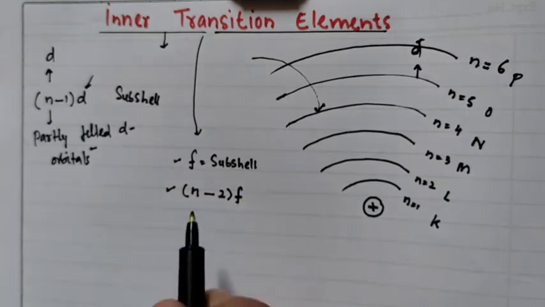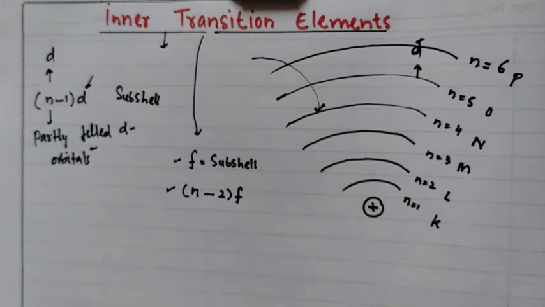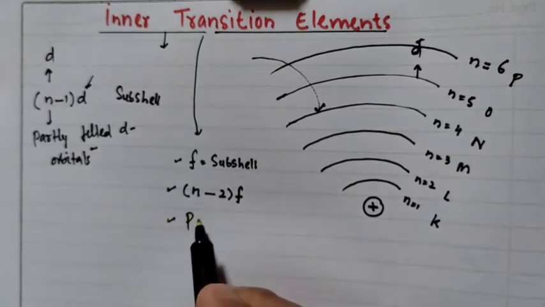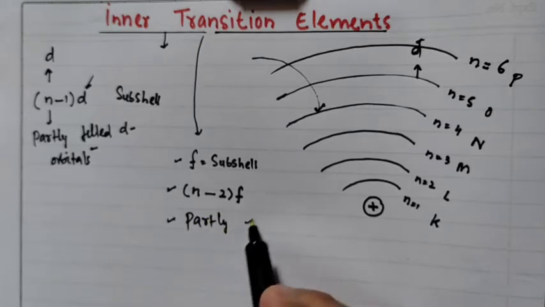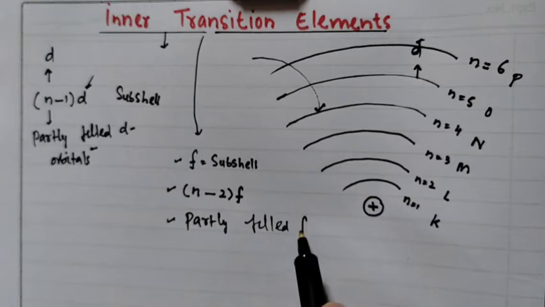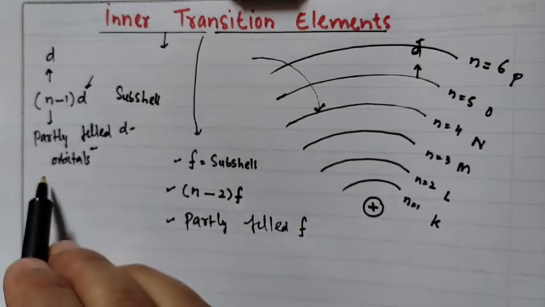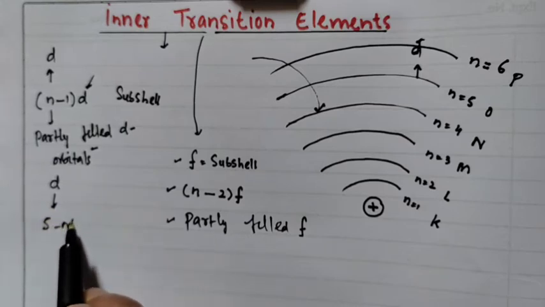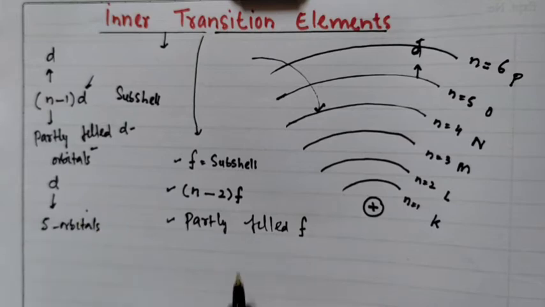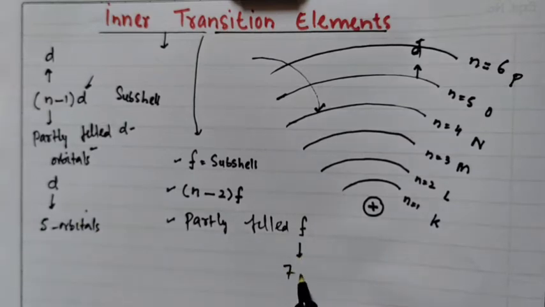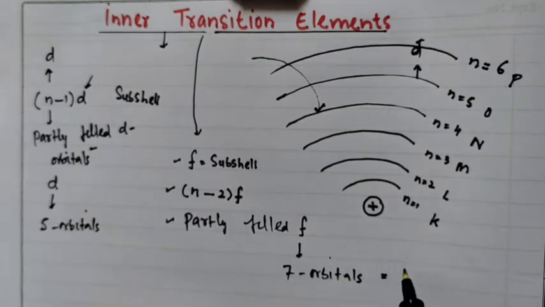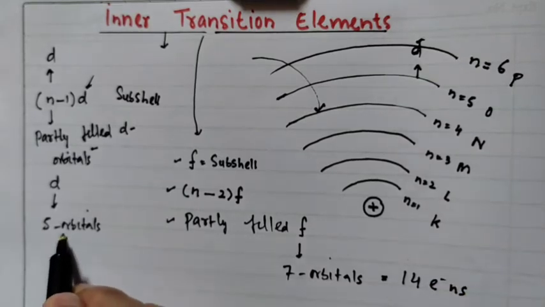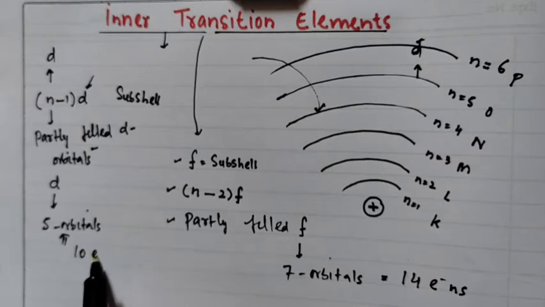So f block elements have partially filled or partly filled f orbitals. अब d orbitals में हमने कहा था we have, ये जो d subshell है it has 5 d orbitals, जो f subshell है it has 7 orbitals. That means they will accommodate a total of 14 electrons. जिस तरह d में थे they will accommodate a maximum of 10 electrons.